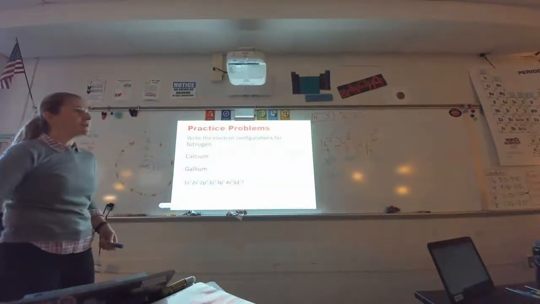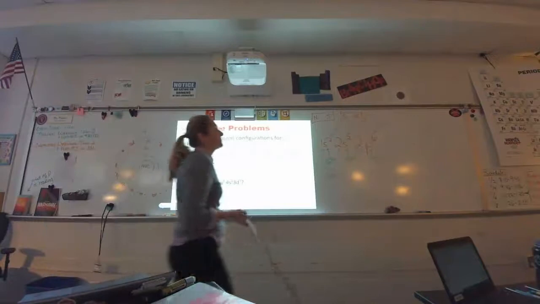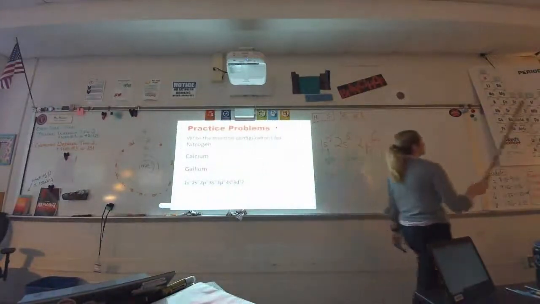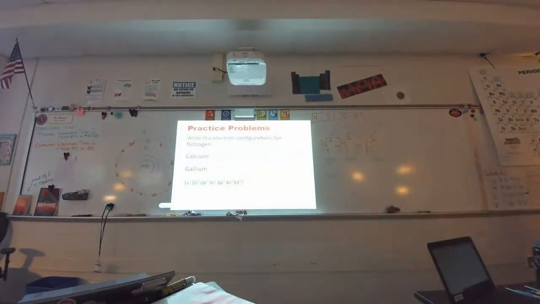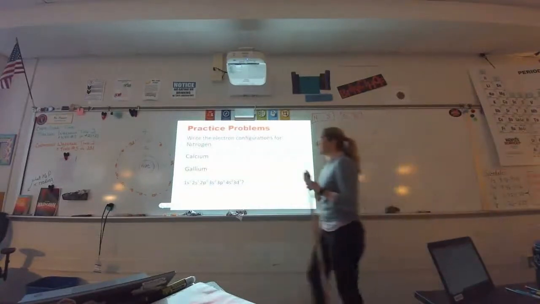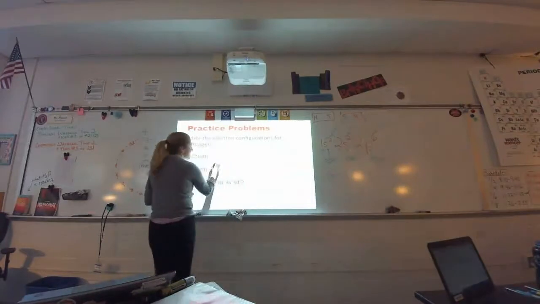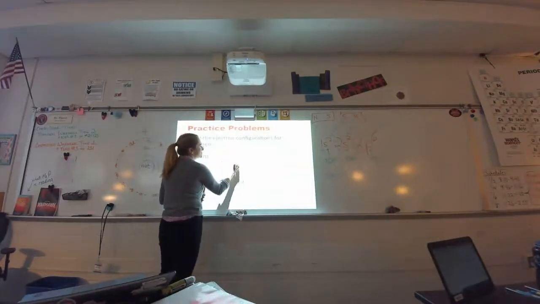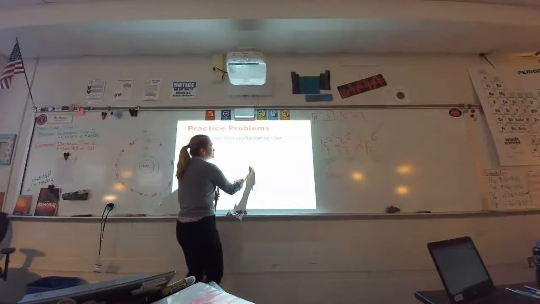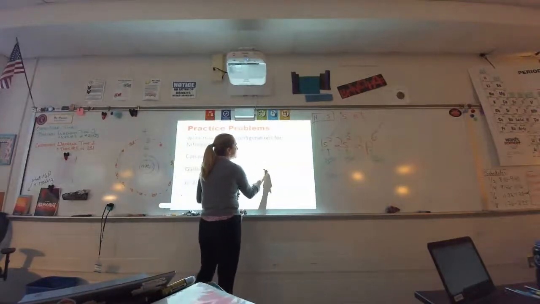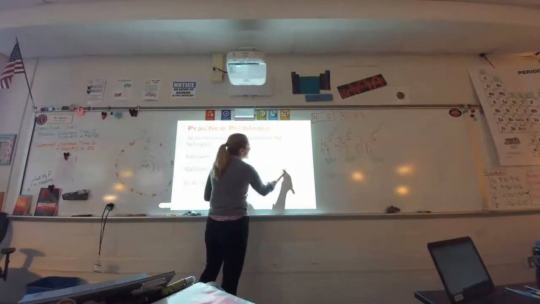All right, gallium. Gallium, where are you? Oh my goodness. There's gallium. All right, well, calcium's here. I love this part. Calcium's right there. So I already know that gallium is 1s2, 2s2, 2p6, 3s2, 3p6, 4s2.